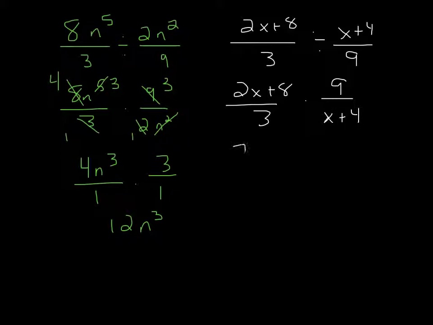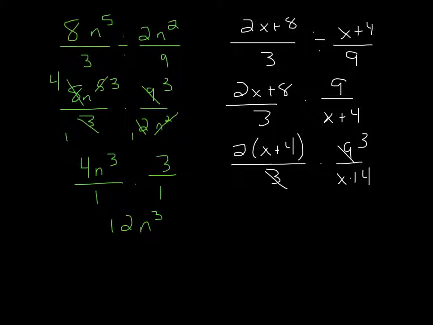Do some factoring: 2 times x plus 4 over 3 times 9 over x plus 4. 3 and 9 become 1 and 3, and the x plus 4's cancel out, so we are left with 6. Because all we have on the bottom is 1, and 2 times 3 is 6. Just that simple, right? Alright, next one.